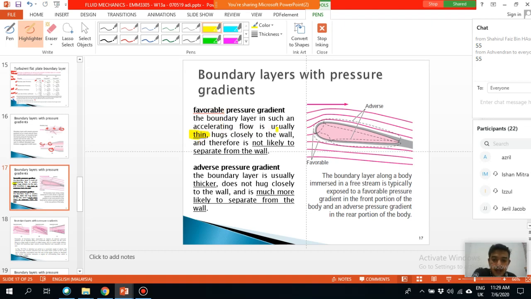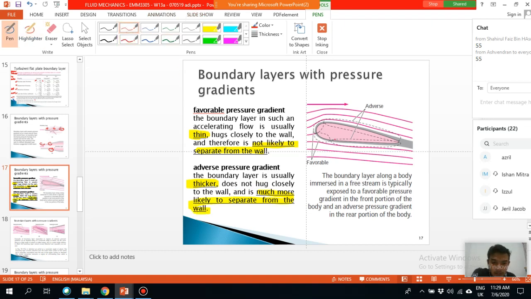The character is thin, hugs closely to the wall, and therefore is not likely to separate from the wall. The second one, adverse pressure gradient, is a boundary layer that is usually thicker, does not hug closely to the wall, and is much more likely to separate from the wall.